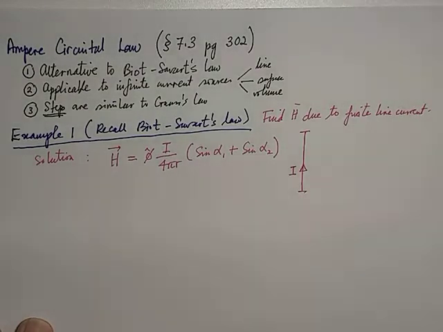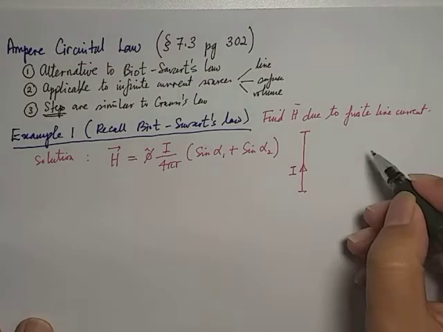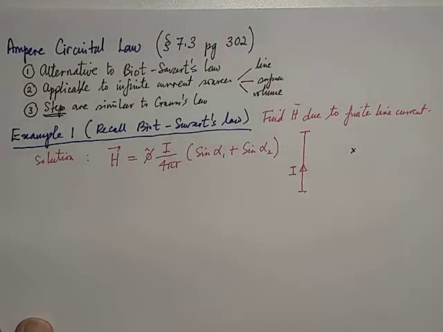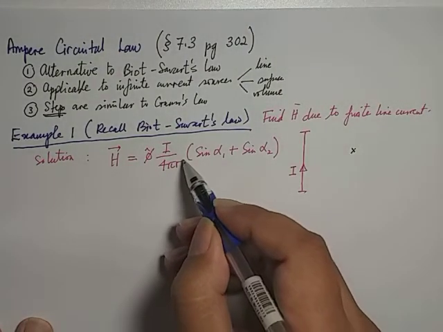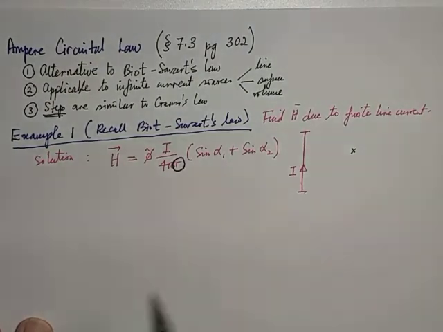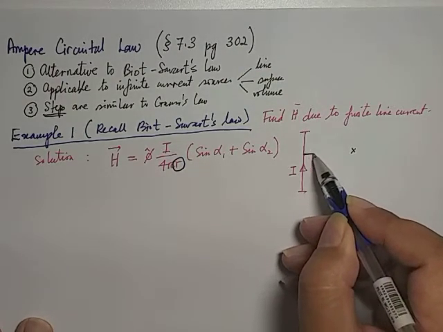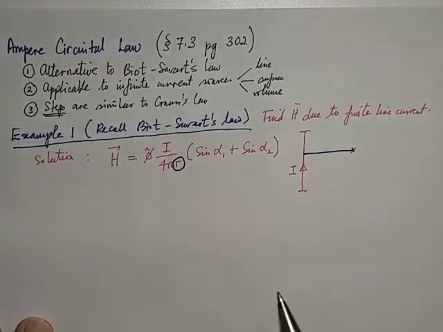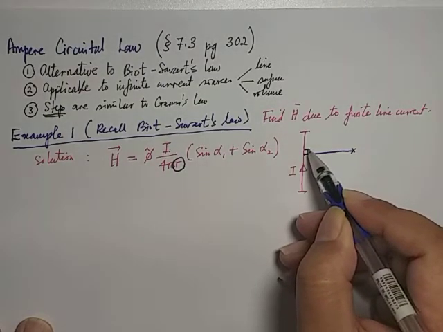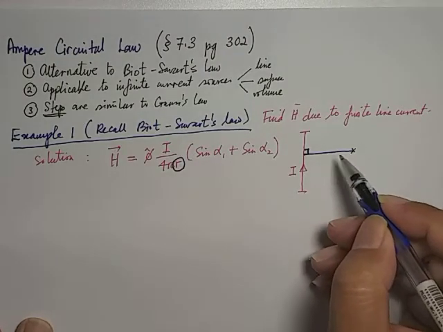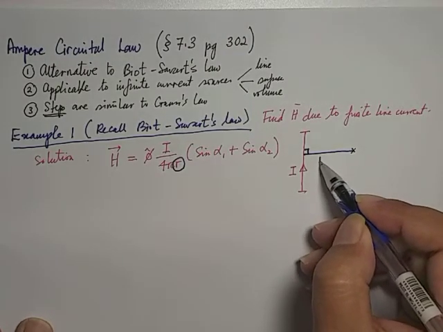Then we want to find our H located at this position. Then we have to draw the triangle. The first thing that we must be able to determine is this r. What does this r appear to be in our graphical representation? It's going to be this blue line, and this line must make an angle of 90 degrees to the line current. So this is our r.